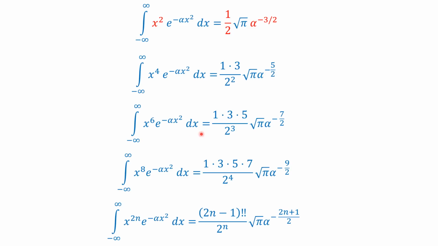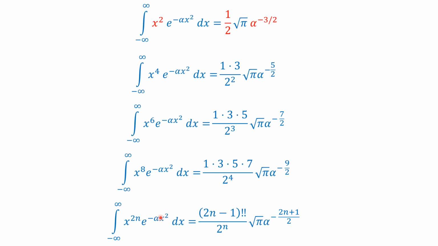And similarly for x power 6 you got 1 dot 3 dot 5 divided by 2 cube square root of pi alpha power minus 7 by 2. Similarly for x power 8 you got 1 dot 3 dot 5 dot 7 divided by 2 power 4 square root of pi alpha power minus 9 by 2.